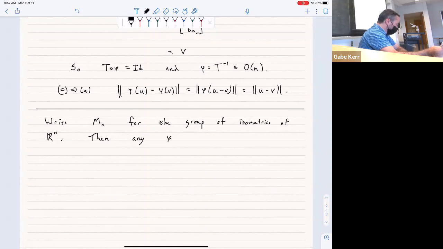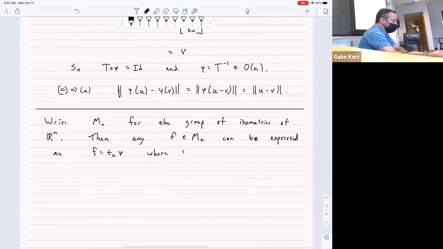Any f in MN can be expressed as T of A composed with phi, where phi is a linear isometry, let's just write ON, and T of A is a translation by A, which I'm just following Arden's notation.